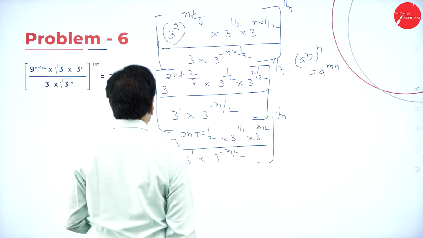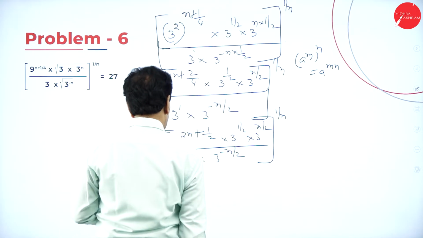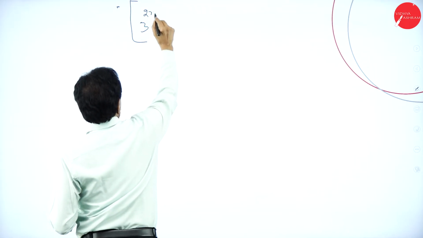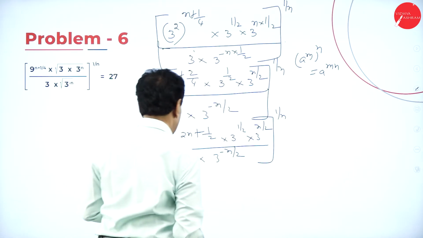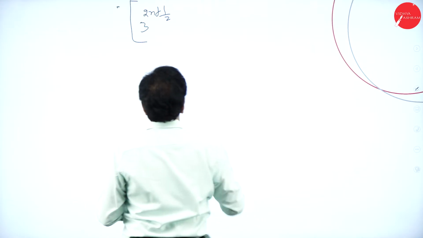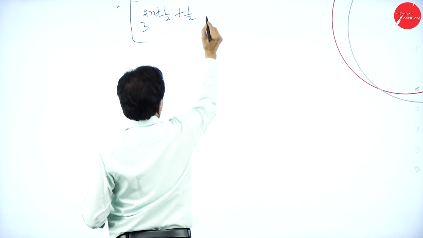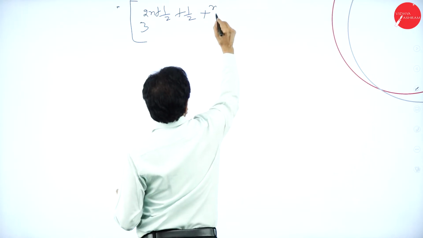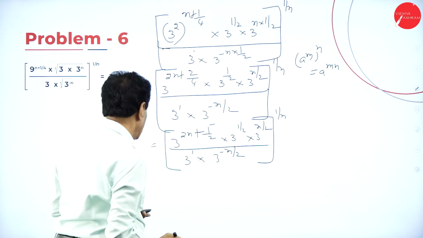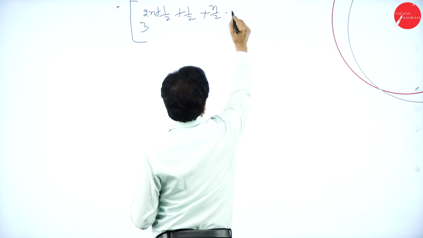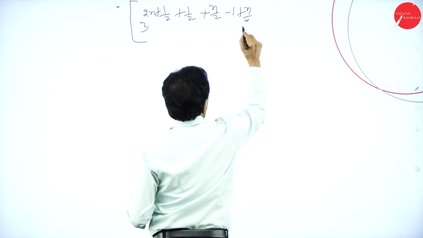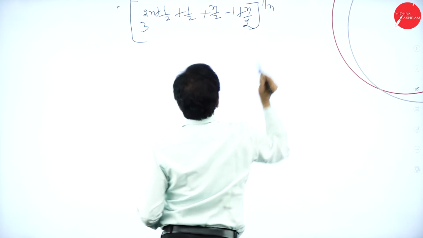We can go root of 3 to the power of 2n, 3 to the power of 2n plus half, this over, plus half, plus n by 2, this is minus 1, this is plus n by 2, whole to the power of 1 over n.